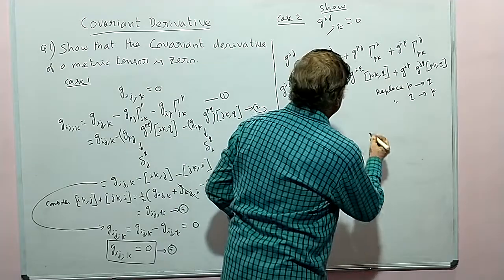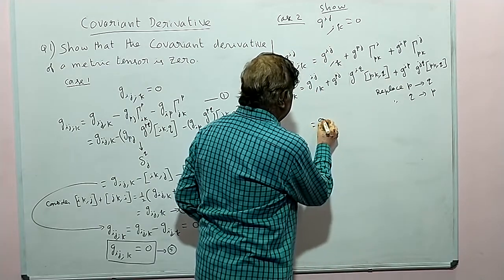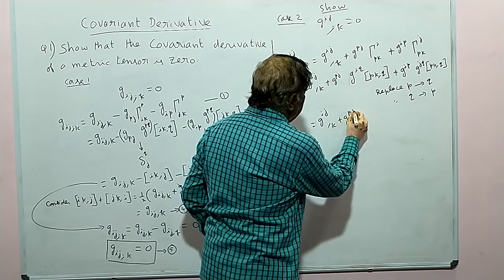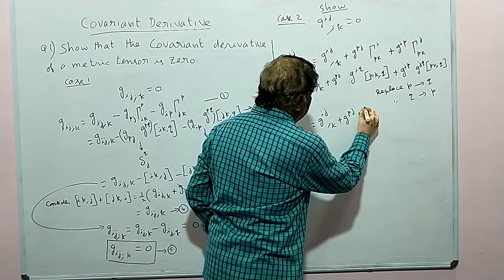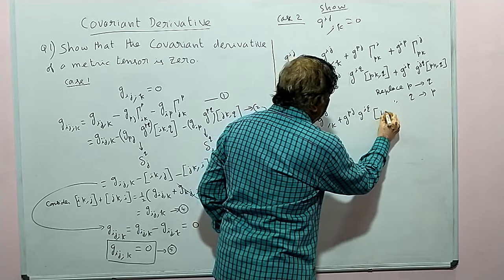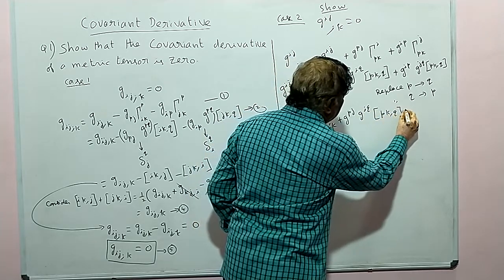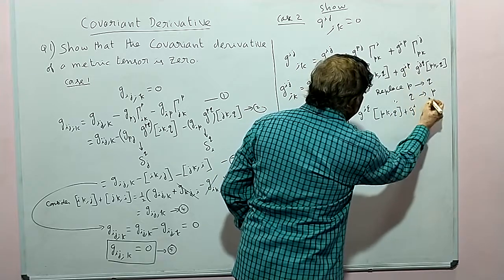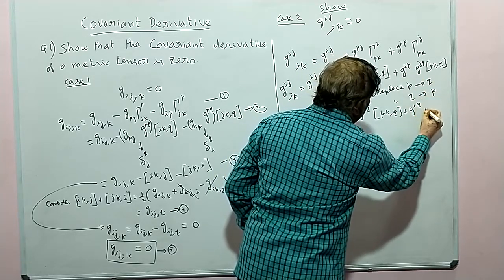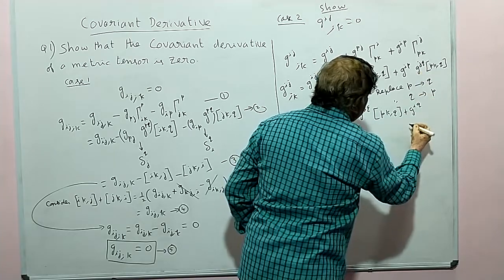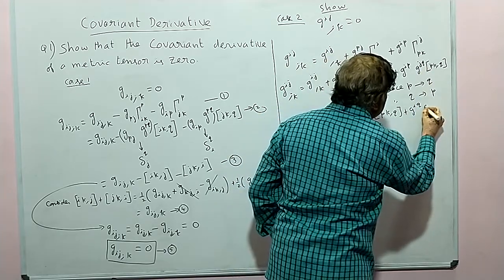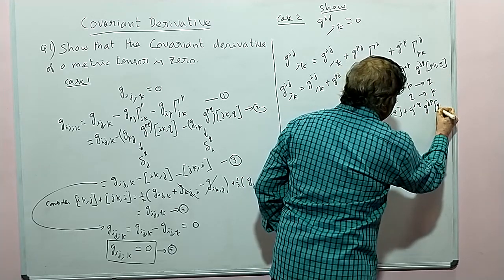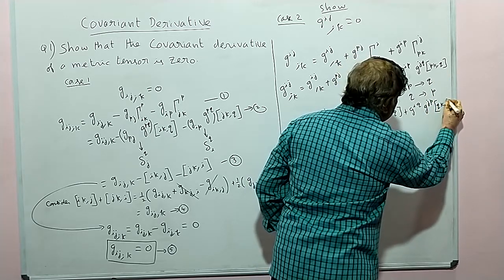Therefore this term becomes: the first term g^{ij},k, then g^{pj}g^{iq}[pk,q], and then g^{ip} is replaced by g^{iq} and q by p, so g^{jp}, here also [qk,p].